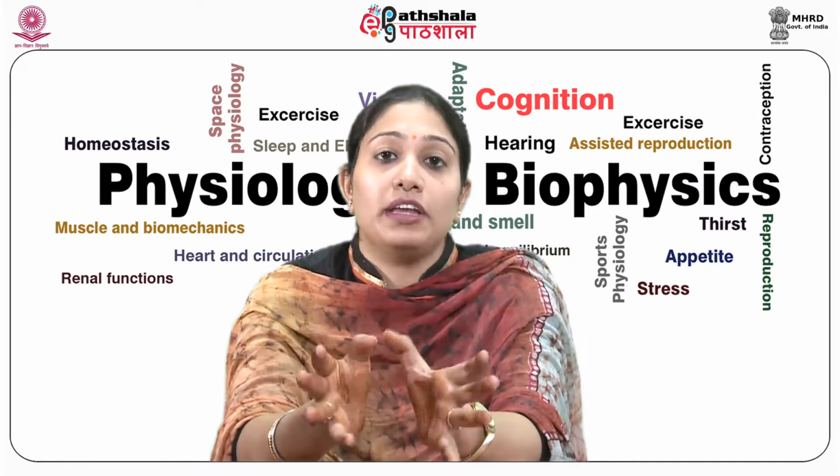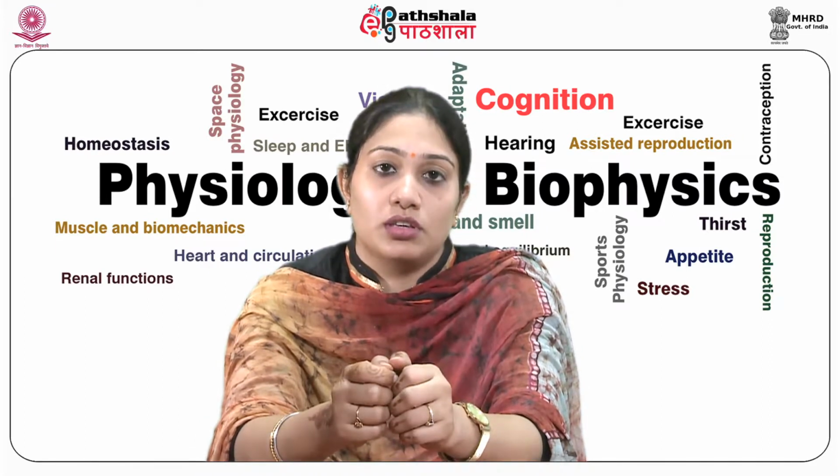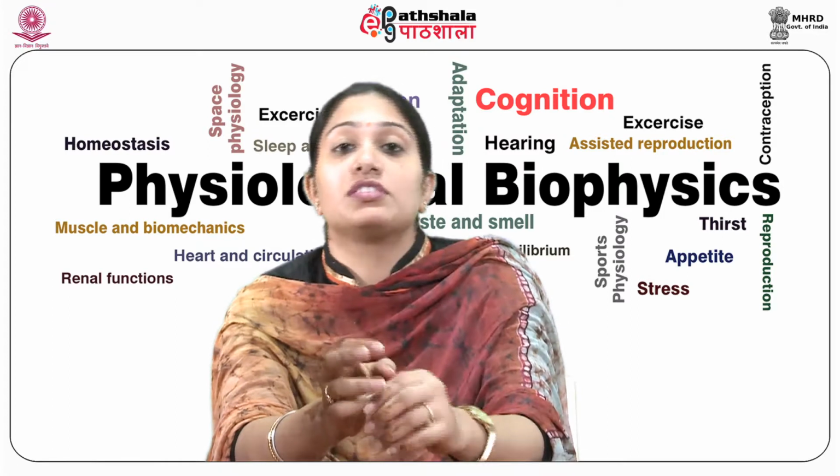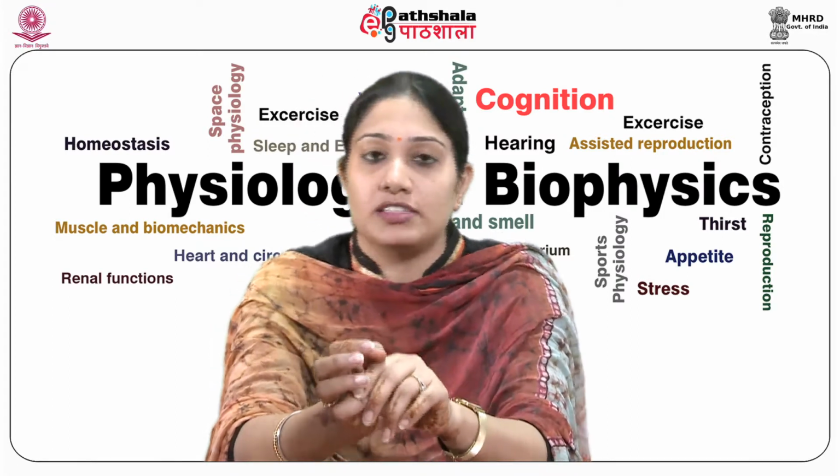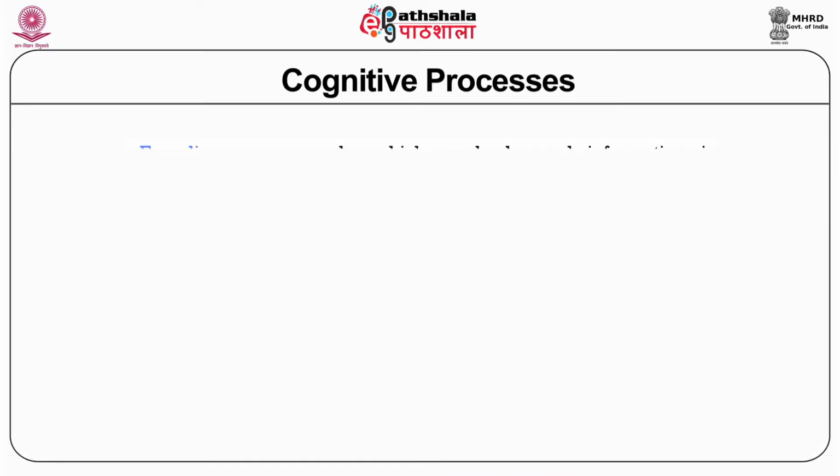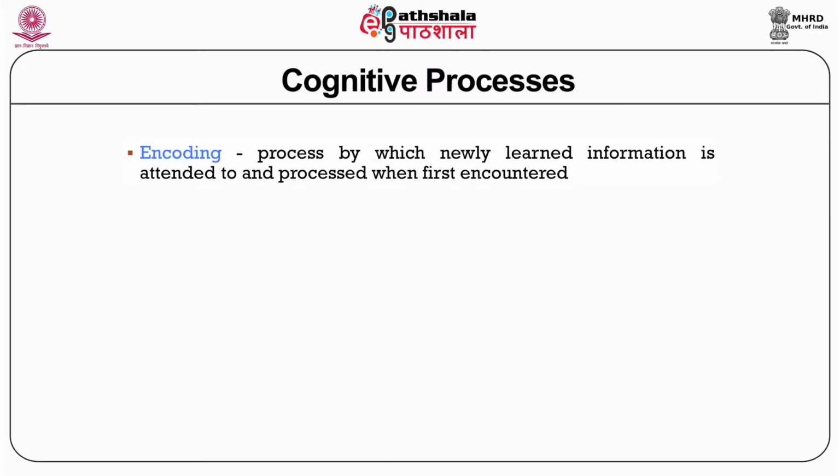So, these are the main components of cognition. The main cognitive processes which should be kept in mind for assessment are: first, encoding, which means the process by which newly learned information is attended to and processed when first encountered.